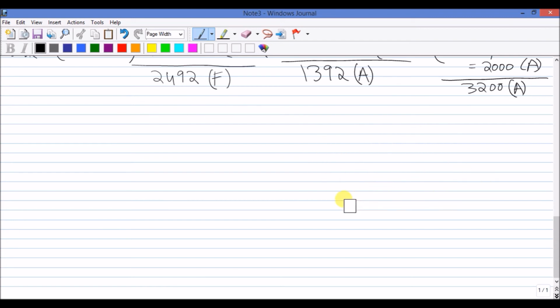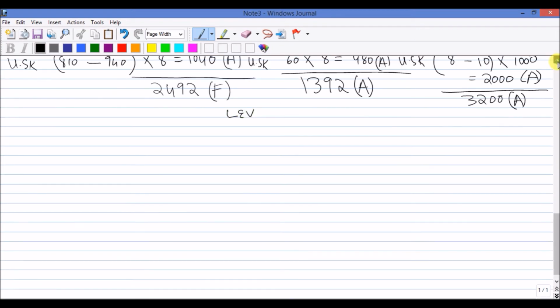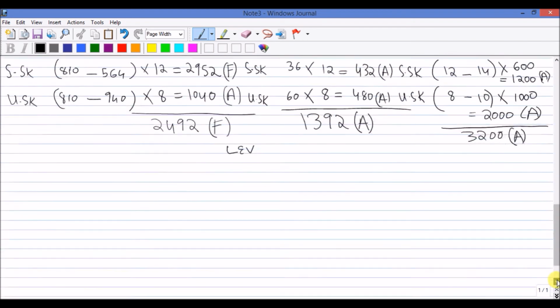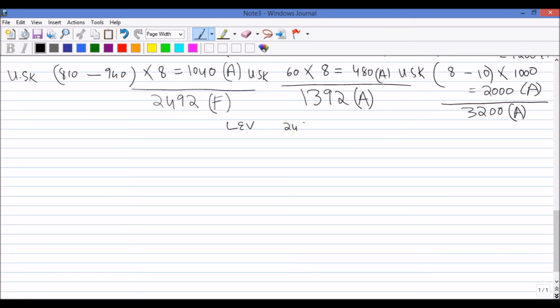So now we are going to do labor efficiency variance. How much is it? 2492 favorable. So we are going to divide it into two parts: one is sub efficiency variance and the other is mix variance.